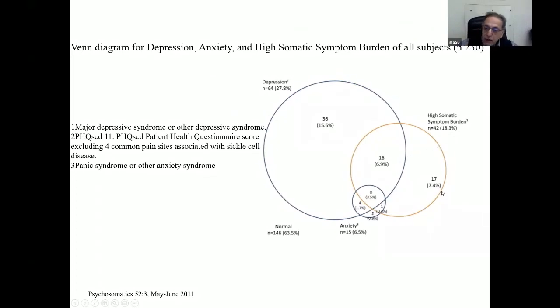They found that patients who had a high somatic burden of symptoms, and here they looked at a questionnaire that had 15 symptoms, many of which are included in this SWAY survey, they looked really at 11 that had less direct relation to sickle cell disease, and they found that the patients with high symptom burden had a higher risk for depression and for anxiety.